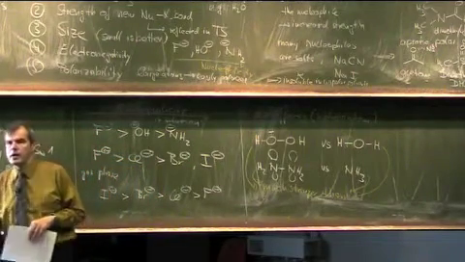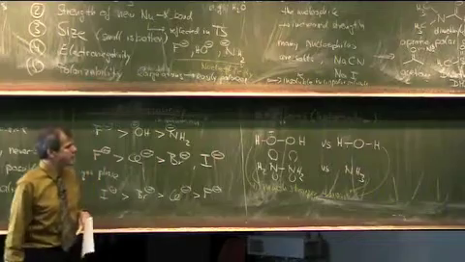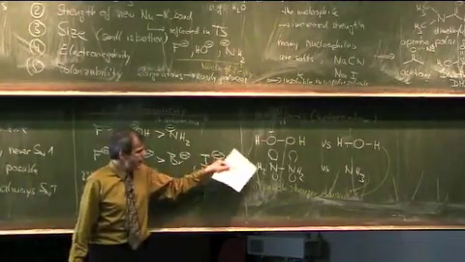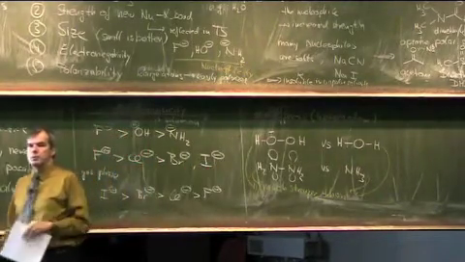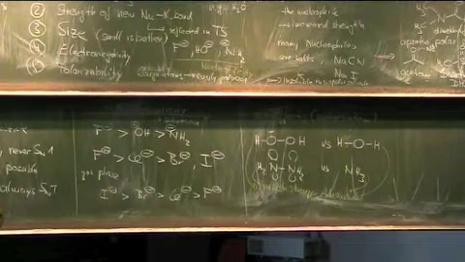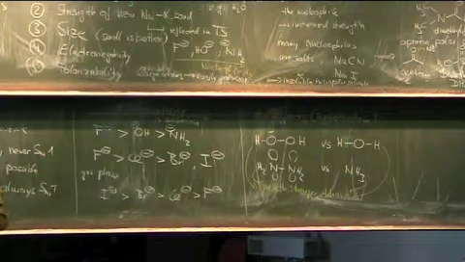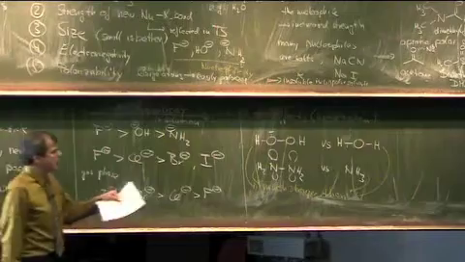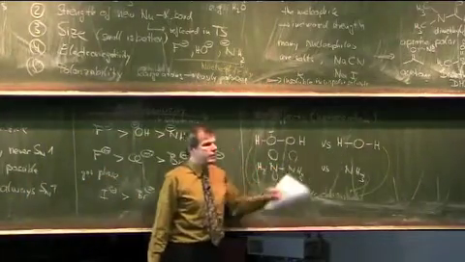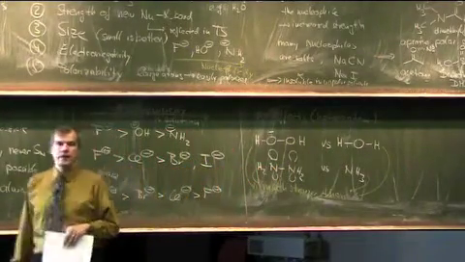You cannot draw any type of resonance structures. Nevertheless, it's experimentally proven that such molecules are by far stronger than the corresponding molecules which do not have that second heteroatom.